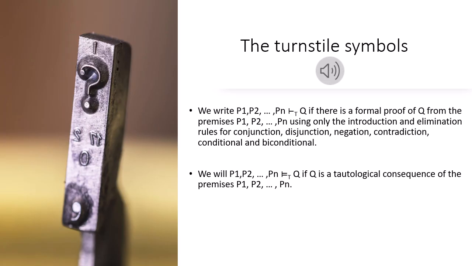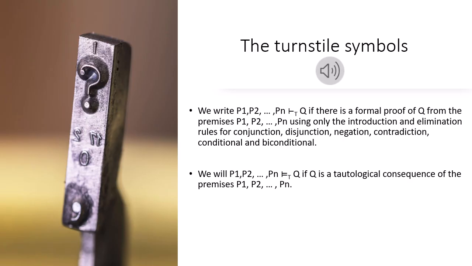So when that T is included on that turnstile, it's explicitly saying that we are not using this equality introduction or elimination inside of our formal proof, just those introduction and elimination rules for our truth functional connectives.